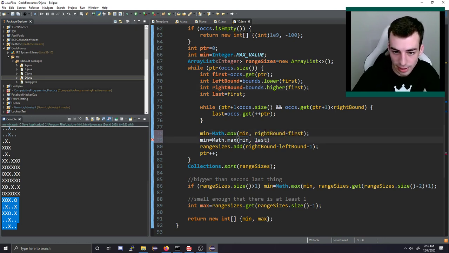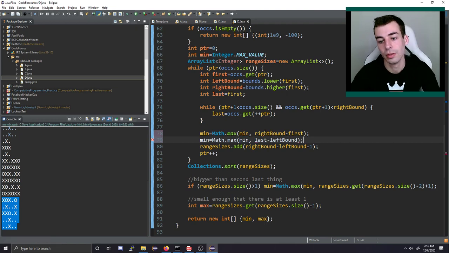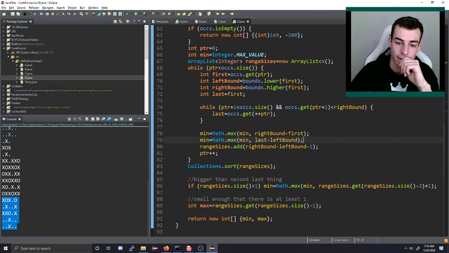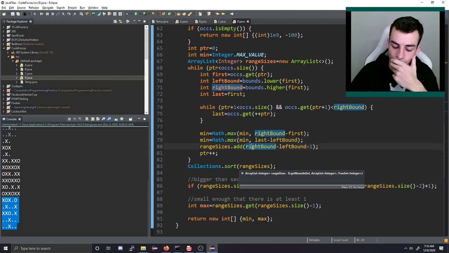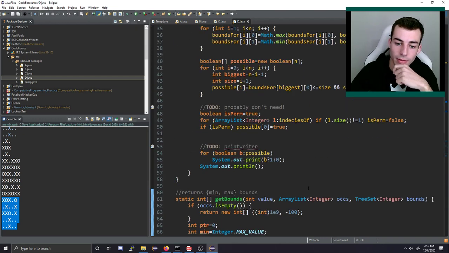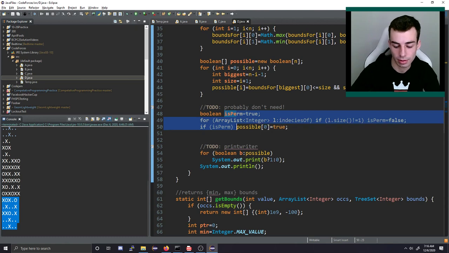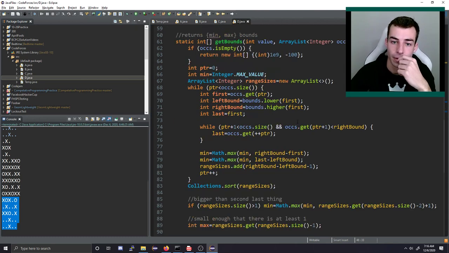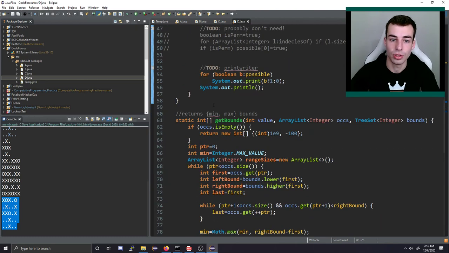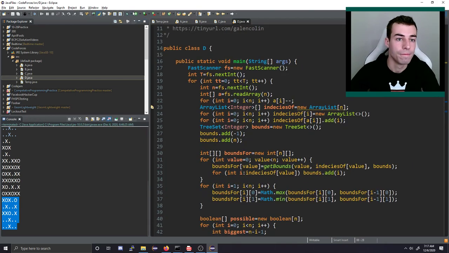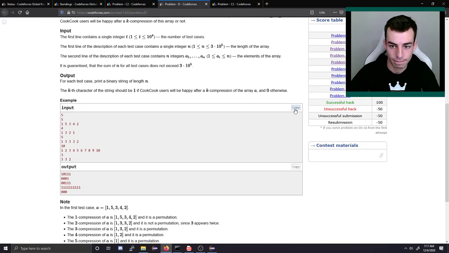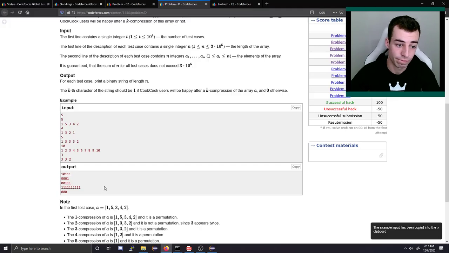And this should be last minus left bound. Yeah, I think that's fine. Needs to be that, okay. I don't think we need this actually, because I think this is all the constraints we need. No, okay.